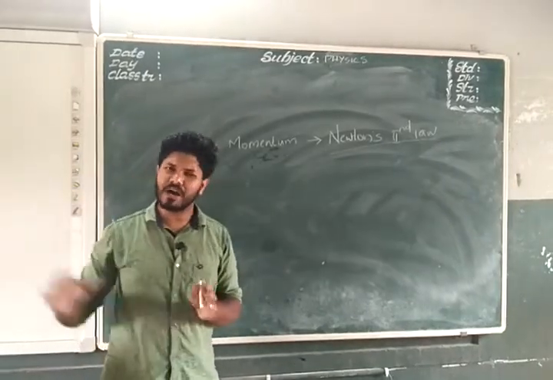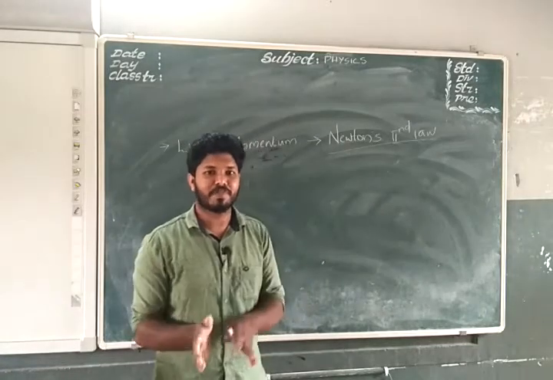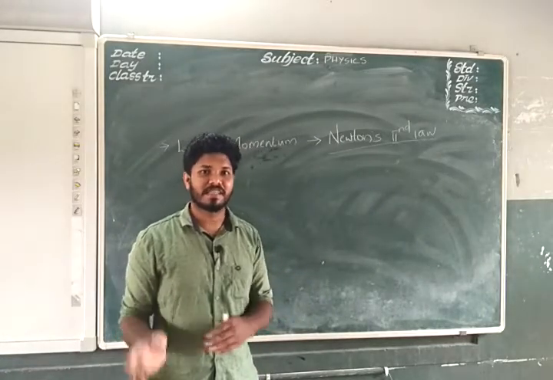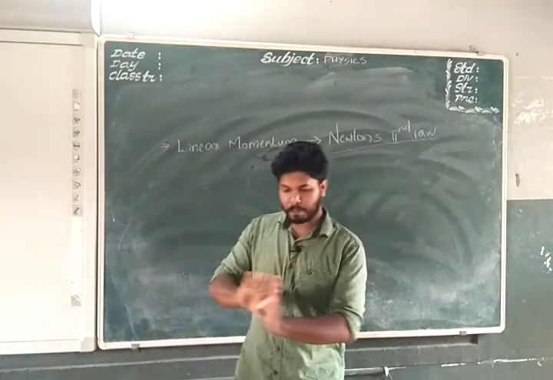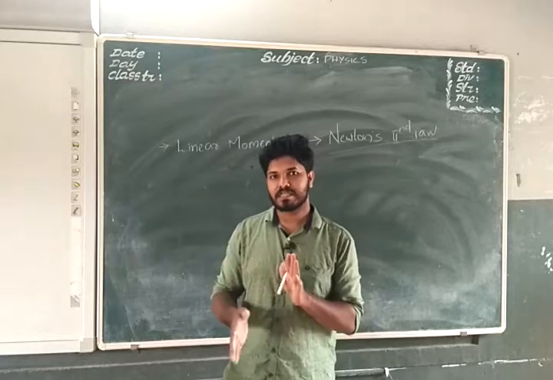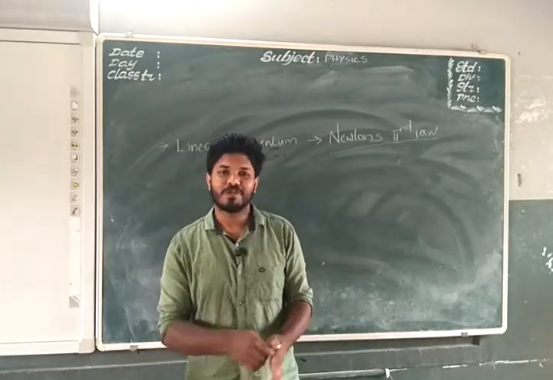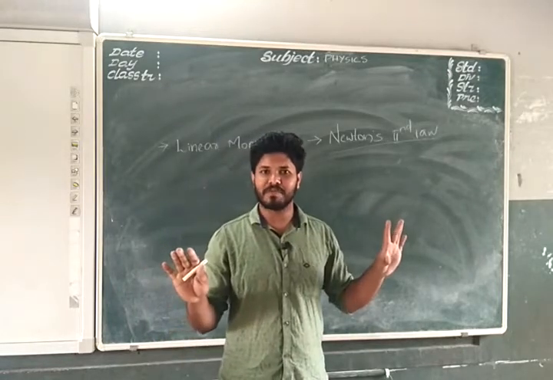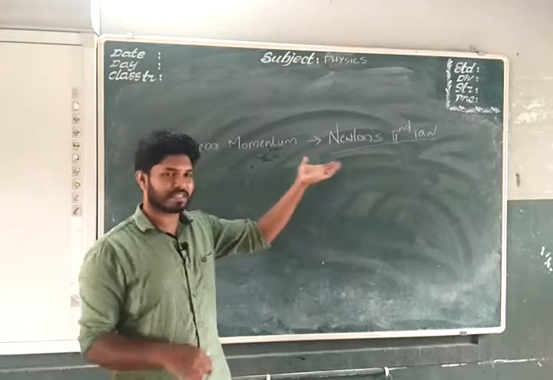That is, we have to apply some external force in order to increase the speed. If the speed is increased, then linear momentum will also increase. What happens if we apply a force in the opposite direction to the motion? Then it decreases the speed and hence linear momentum is again changed. So in order to make a change in the linear momentum, obviously we have to apply an external force. That is Newton's second law.